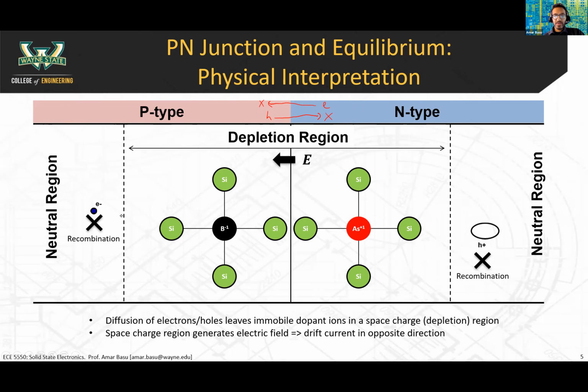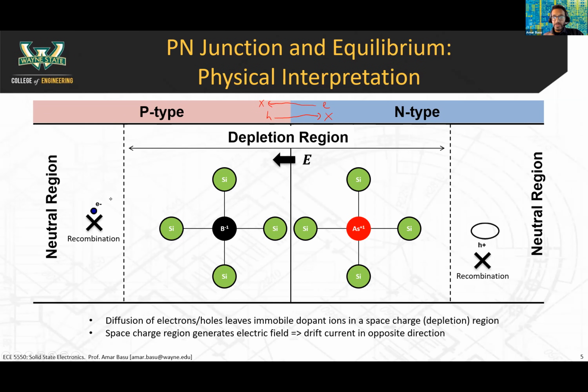In the diffusion currents, the electrons move to the left, the holes move to the right. When they move away, they leave behind these immobile dopant ions. That's a key difference between the electrons and holes and this boron ion and the arsenic ion. These things are stuck. They are bound to the lattice.